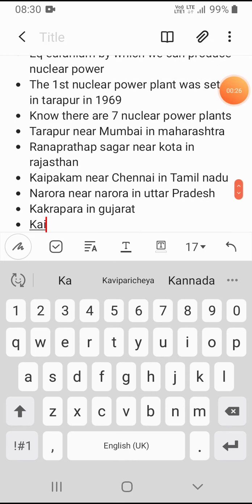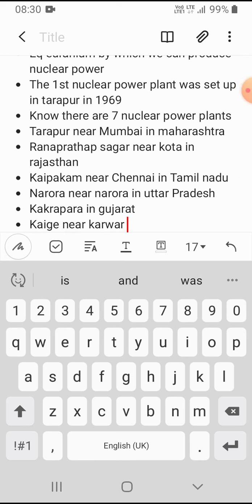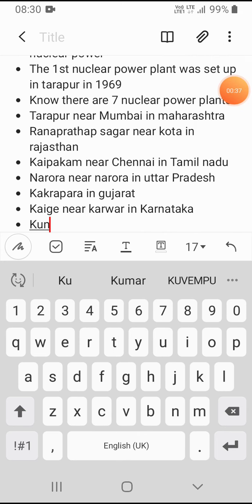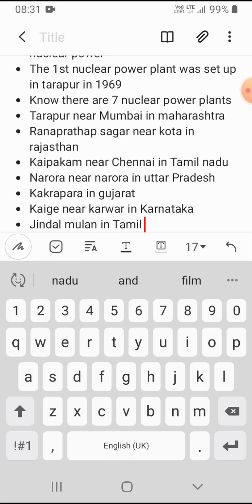Afterwards, Kaiga near Karwar in Karnataka. Then Kudankulam in Tamil Nadu.